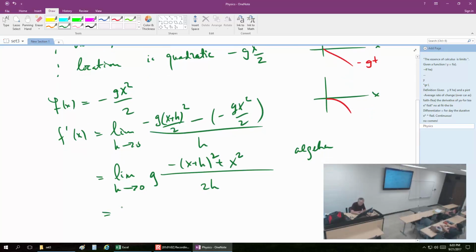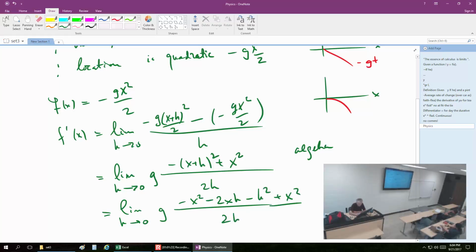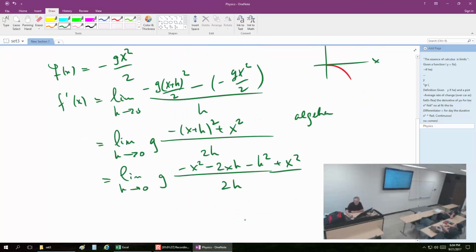Now I do actual algebra. I expand in order to get rid of what? The x squared is kind of in the way, because that's what makes it all 0. I need to cancel h, so I have g here, and here I have negative x squared minus 2xh minus h squared plus x squared over 2h. Just expand, the distributive property, if you like. That's what I'm doing here.